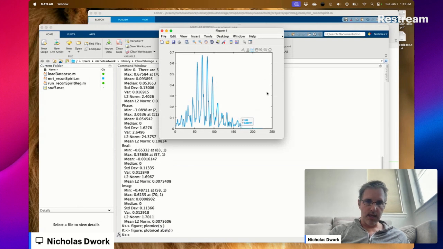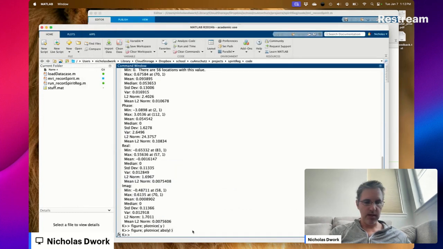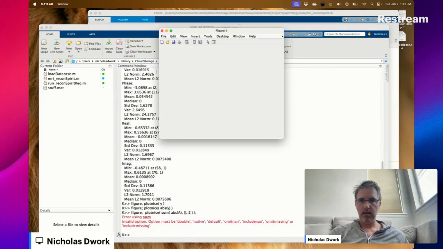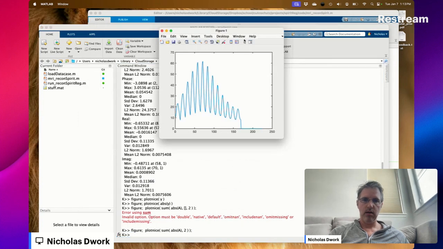Okay, and it looks like all indices at 170 and beyond are 0. So we seem to have made Y way too big. Now how about A? What if I plot the sum of the magnitudes of the rows of A? Same thing.